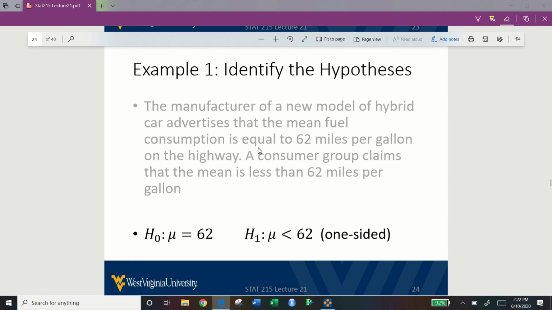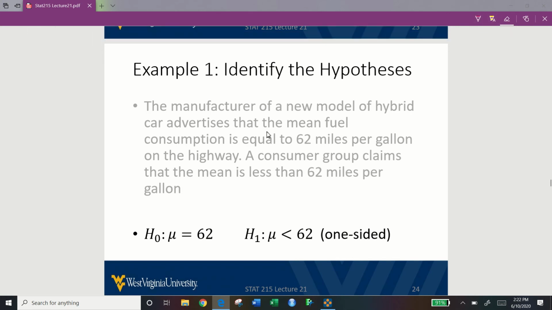The hypothesized value in this case was 62 miles. Putting our information together, we can write our null hypothesis, H naught colon mu equal to 62 miles.